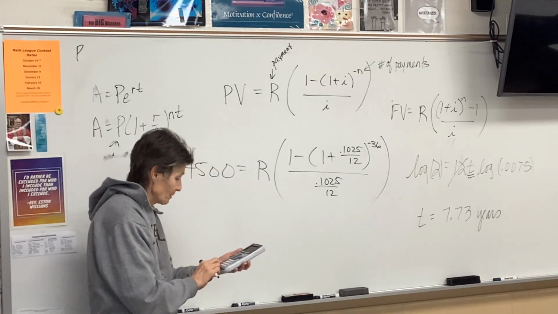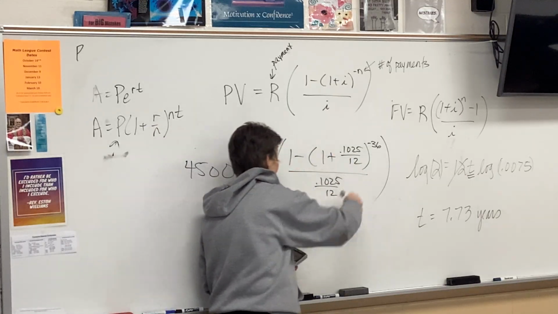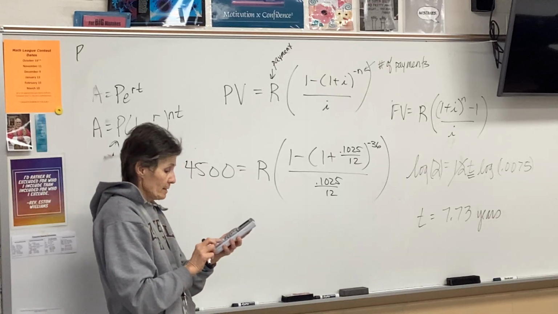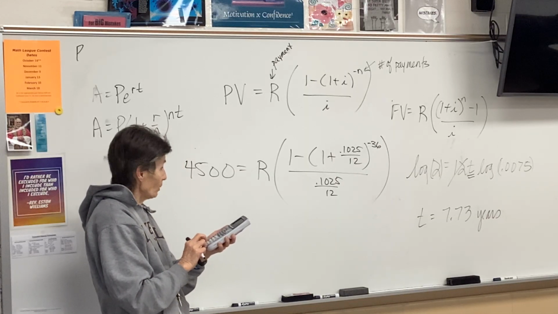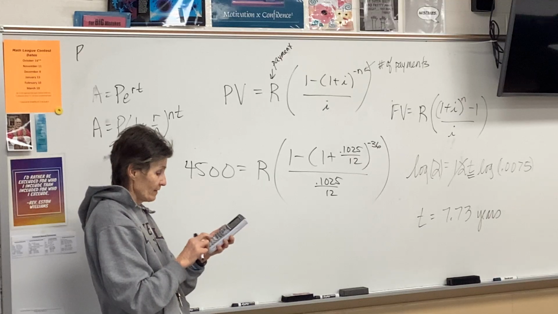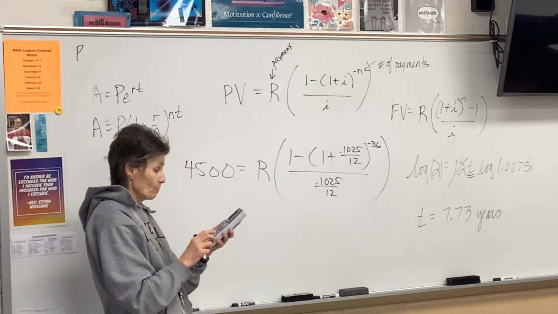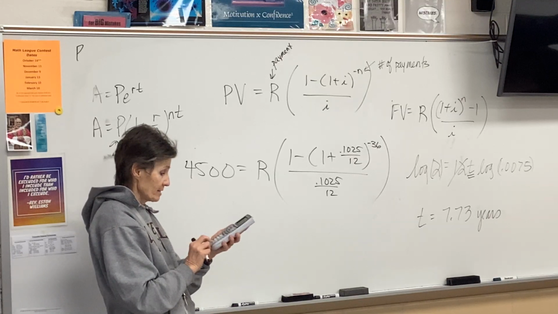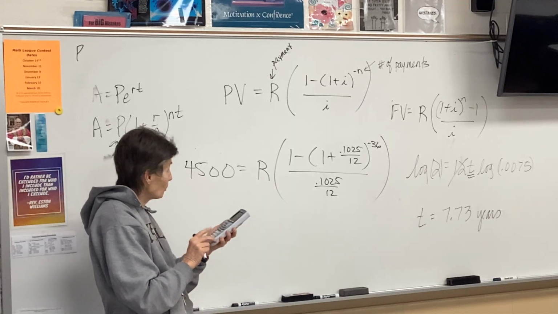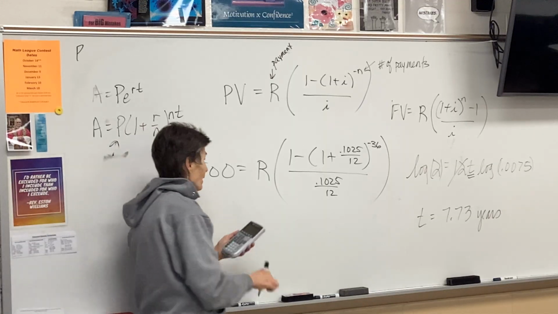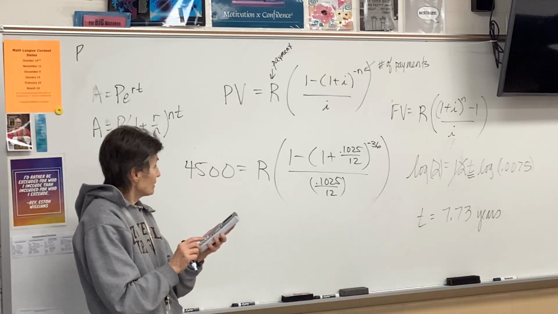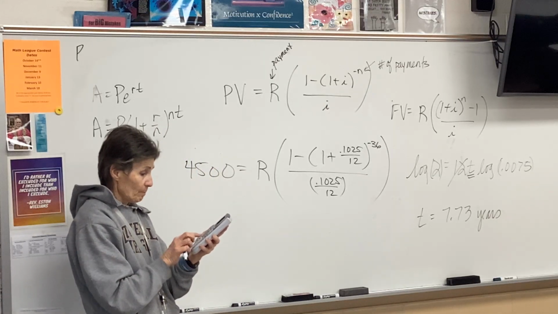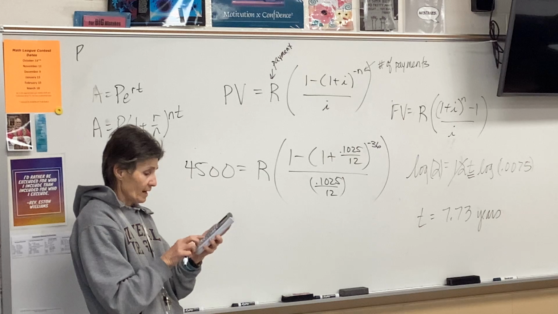I'm going to type this in right here. So 1 minus parentheses 1 plus 0.1025 divided by 12, close parentheses, raised to the negative 36, divided by, remember, if you're dividing by a fraction, you have to put it in parentheses, divided by parentheses, 0.1025 divided by 12.